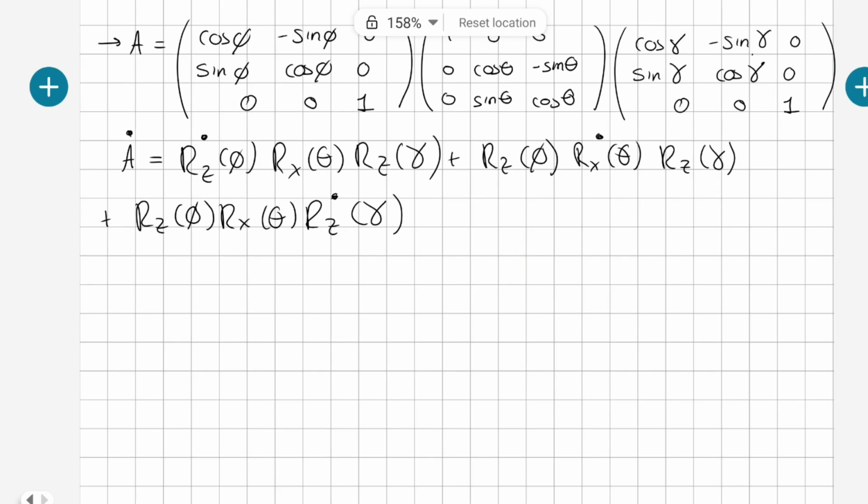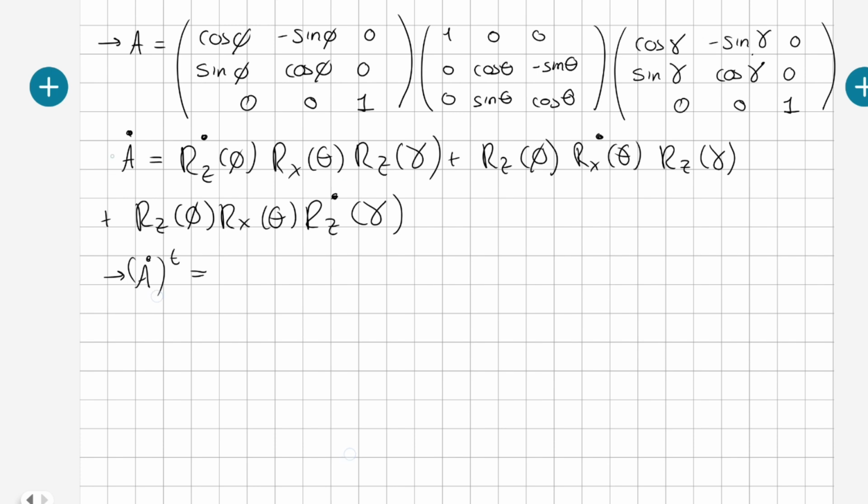Perfect. And then we need to take the transpose. Let me use this parenthesis just at this moment. So what are we going to get? You know that the transpose of a sum of matrices is the sum of the transposes. So we need to take the transpose of every element that we have here.